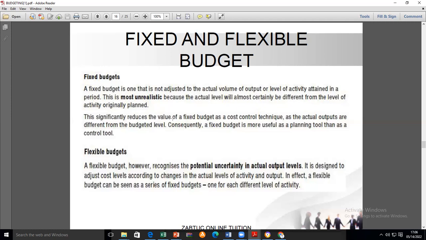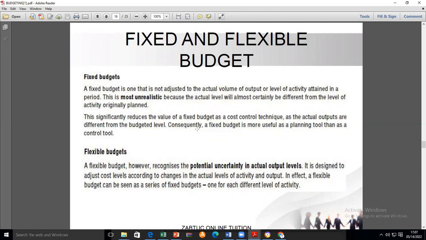This significantly reduces the value of a fixed budget as a cost control technique, as the actual outputs are different from the budget level. In other words, we're not comparing like with like. Consequently, a fixed budget is more useful as a planning tool than as a control tool. When it comes to control, that may not be very good.